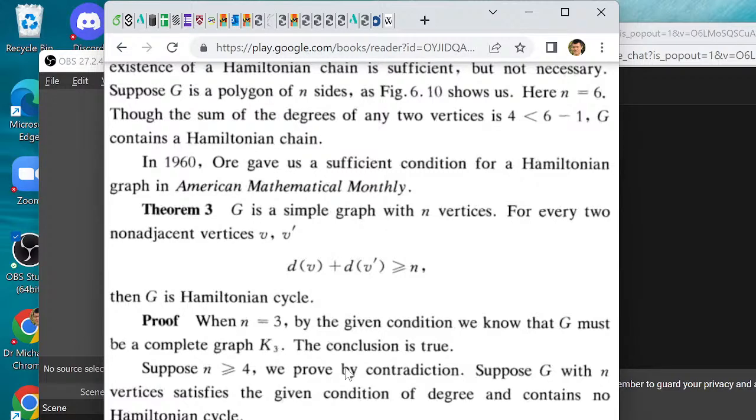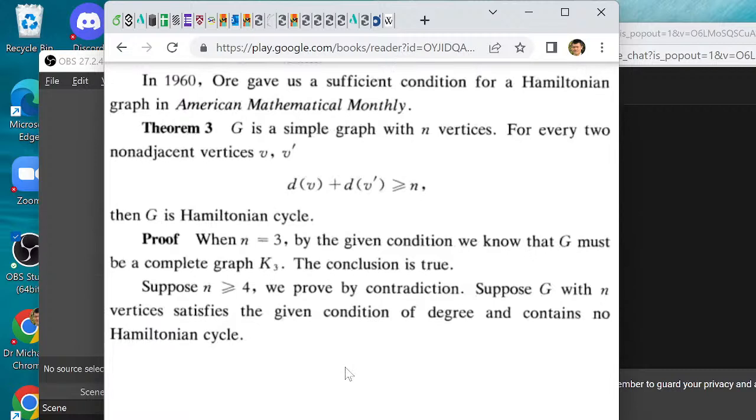It's strange. Now it has to have more edges between non-adjacent ones. Oh, so there's not even a requirement between adjacent ones.